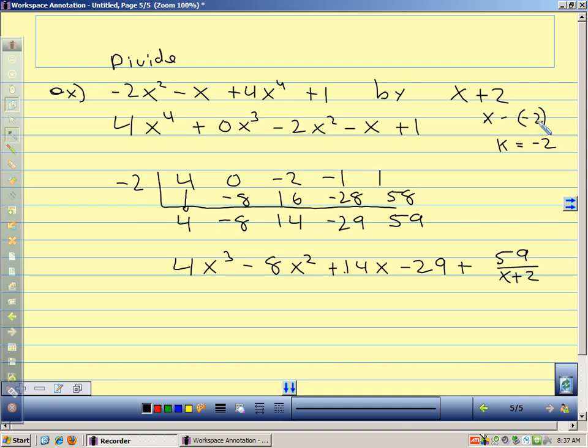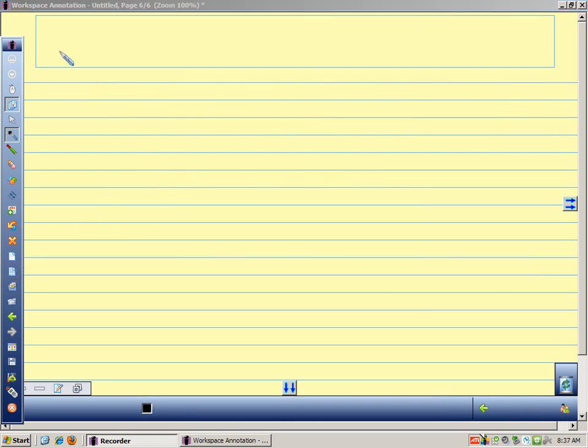So the reason that we want to divide polynomials, we have a couple. We have the remainder theorem and the factor theorem.